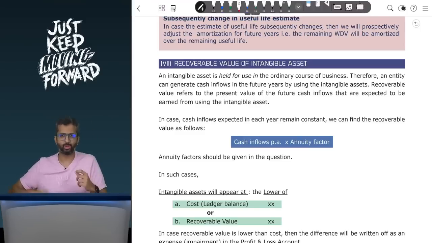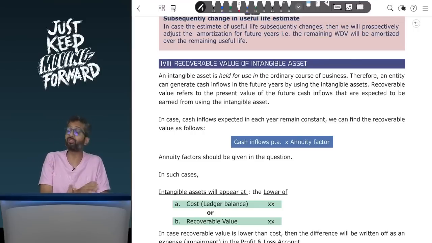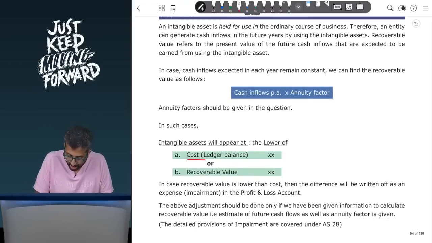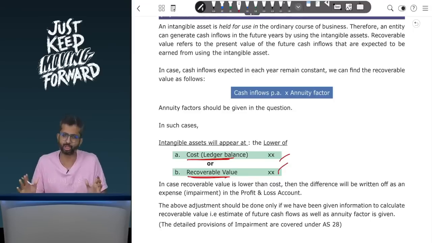If your carrying value, that is the cost incurred, is for example 100, but the recoverable value is only coming to 75, that is, no matter what you do, you can't recover more than 75, then the feasibility is up to 75 only, and hence the excess 25 will be taken to the P&L account as impairment loss. So over here you will compare the ledger balance with the recoverable value, select whichever is lower, and that will give you the impairment.